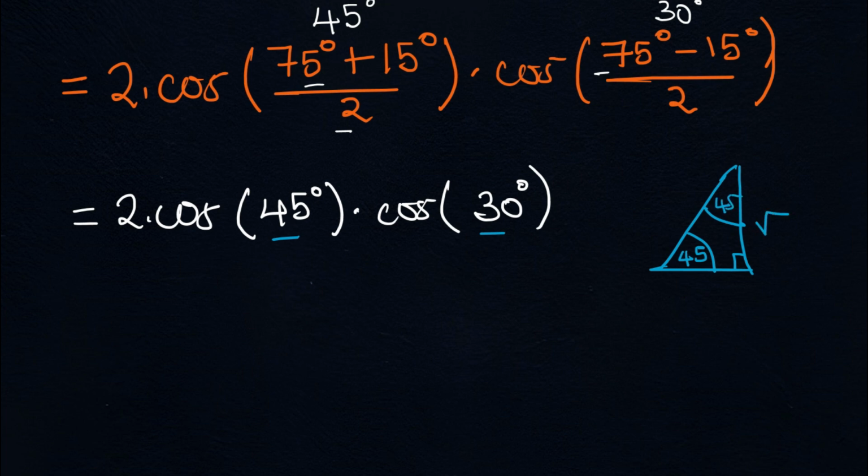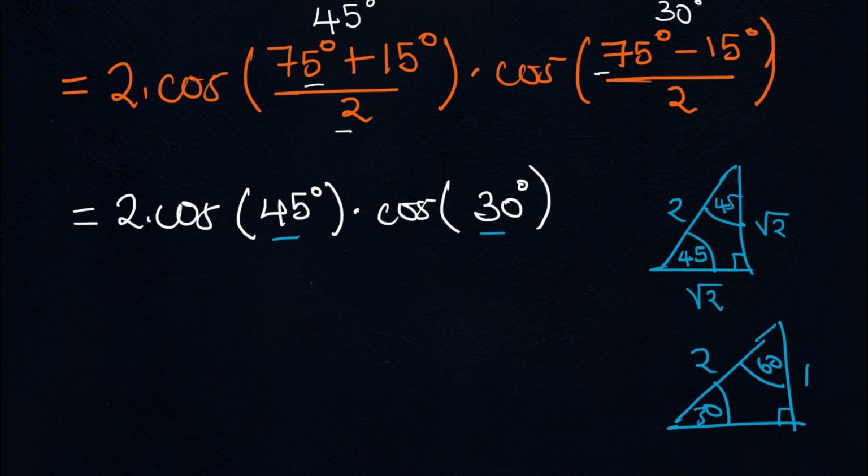And then here we've got the square root of 2, square root of 2, and here is 2. And then we draw the special triangle for 30 and 60 degrees. If this is 90, and here we have got 30 degrees, here we are going to have 60 degrees, and we have got 1, 2, and the square root of 3.